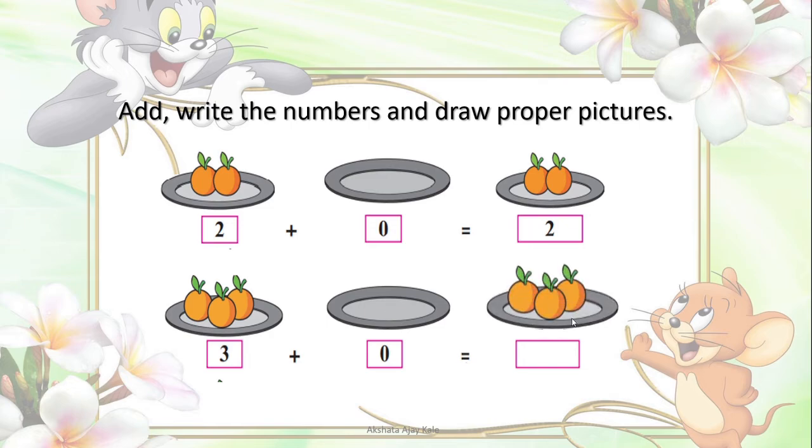That remains as it is. We have not added any fruit here. That is 0 fruit, isn't it? So what will be the answer? 3 plus 0 is equal to 3. Nice. We'll move to the next one.